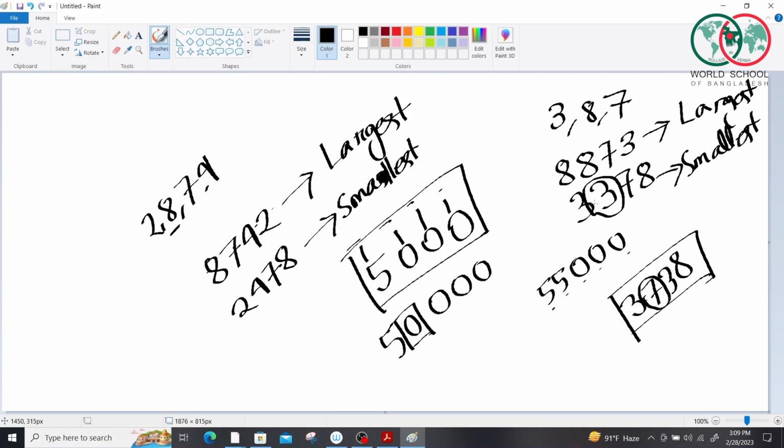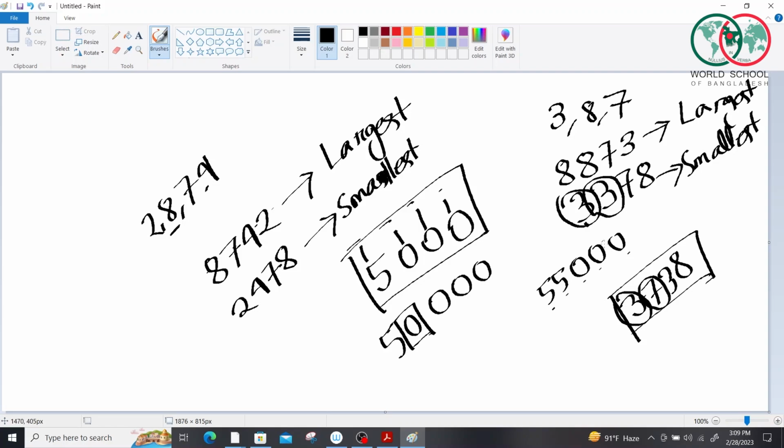So when comparing numbers, we'll first see the highest position. Like if it is a 4-digit number, we'll see the 1000 place, the 4th place. Whoever has the highest value in the 4th place will be higher.